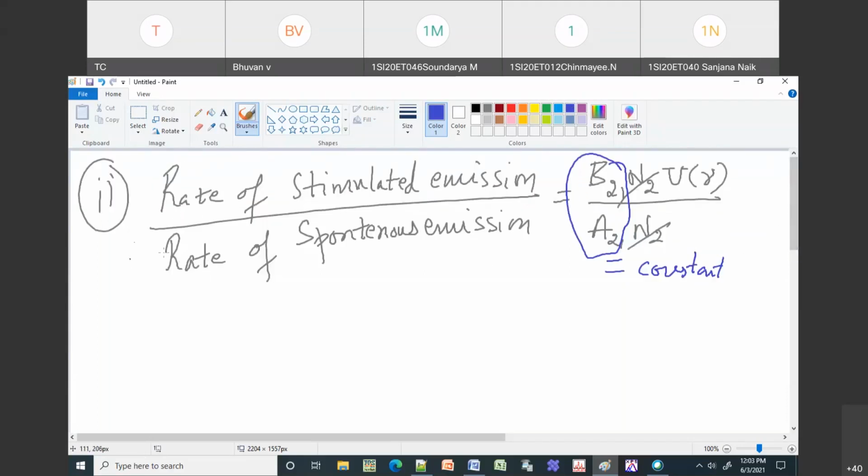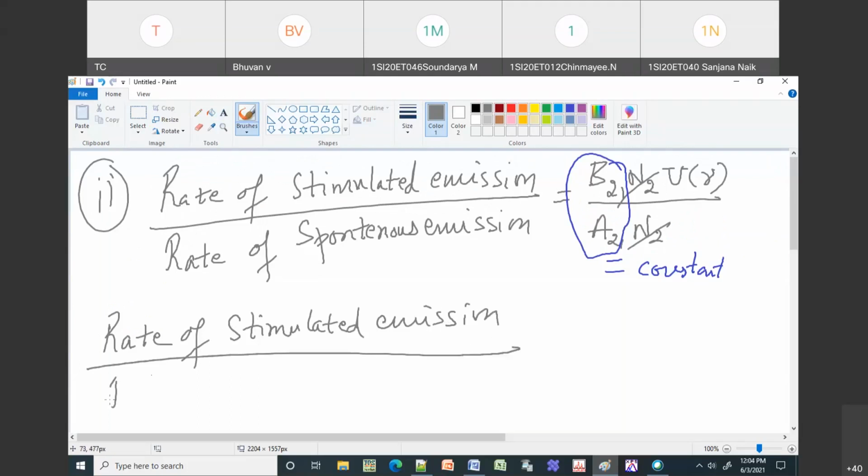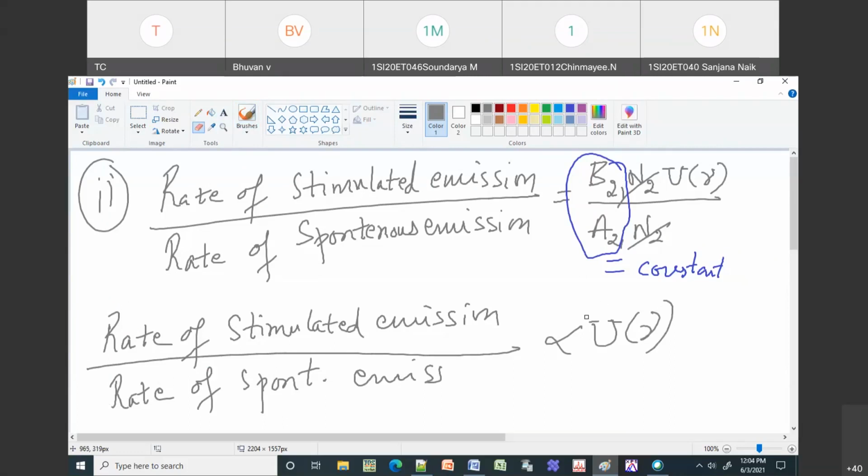Then the rate of stimulated emission divided by the rate of spontaneous emission is directly proportional to u of nu.